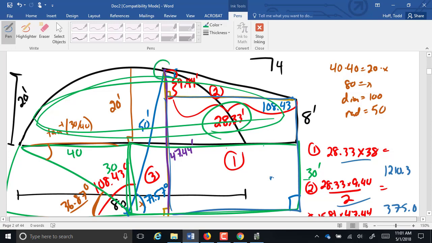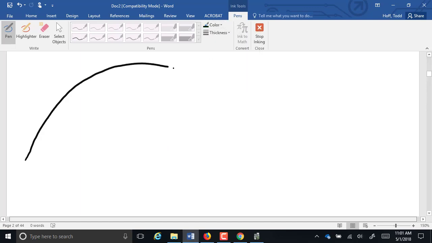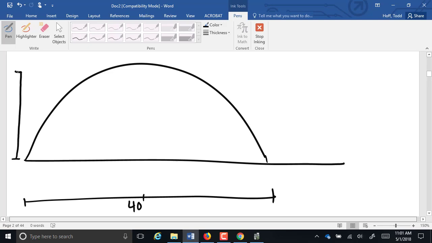What if this here wasn't a tangent? What if this slope isn't tangent to that roof? In other words, what I mean is this. Let's say that this here, let's make this 40 feet. Let's make this 16 feet. Now this time I have to give you this amount.